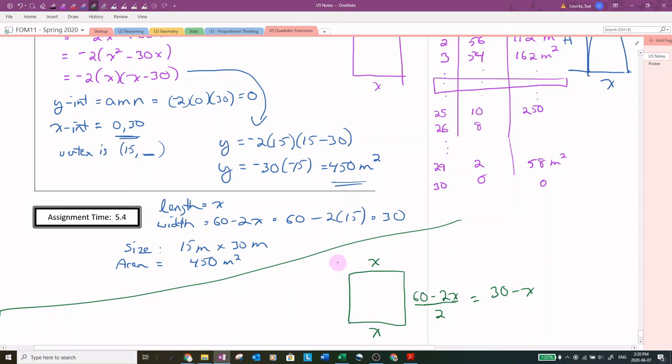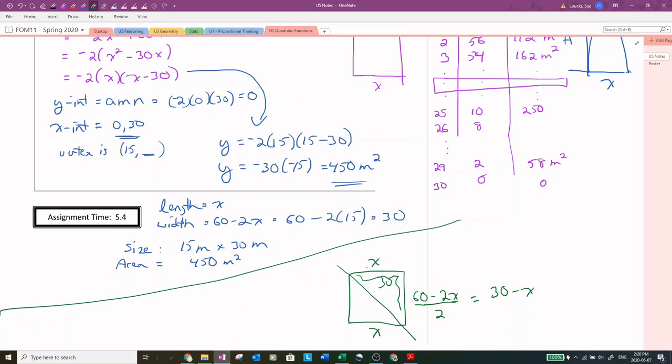And that makes sense because if the whole thing is 60, that was a great line. Let's try that again. If I do this, then this bit here is 30. So this one is going to be 30 minus the x, okay? And then you're going to multiply x times 30 minus x to get your area, okay?